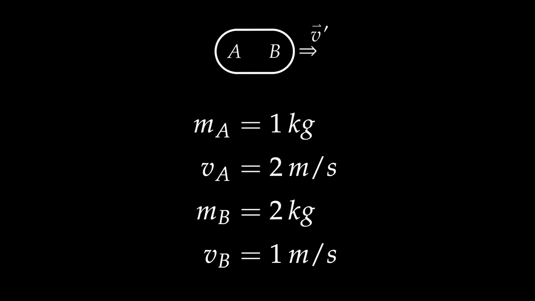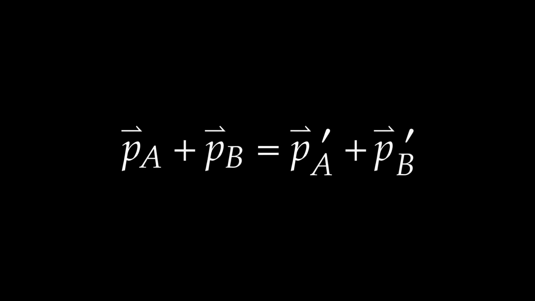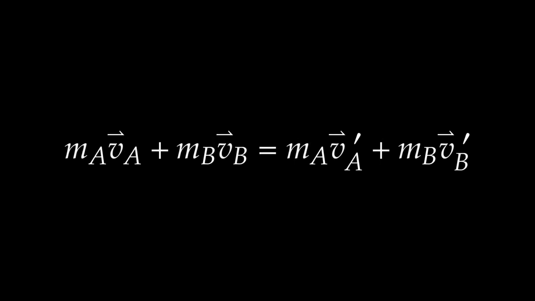What I figure out is rather obvious: the total initial momentum of the system, which I'll simply call P, is equal to the total final momentum of the system, which I'll call P prime. So it's up to me now to calculate how much momentum I have. That's a very simple thing to do, because the momentum before and after the collision is found simply by adding the momenta, that is, MAVA plus MBVB.